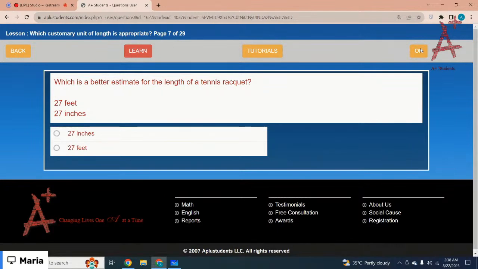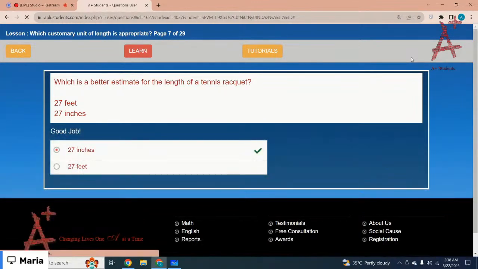That is the length of the tennis racket, so it would be 27 inches, I think, because 27 feet is too long. Yes, it is 27 inches.